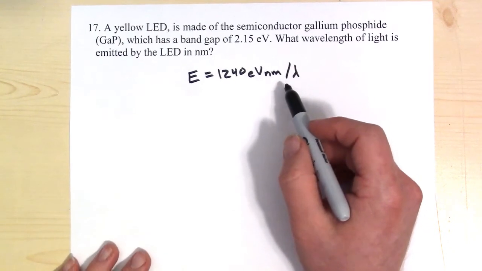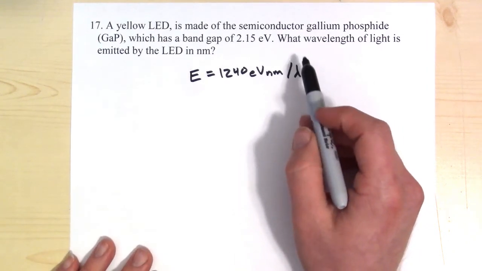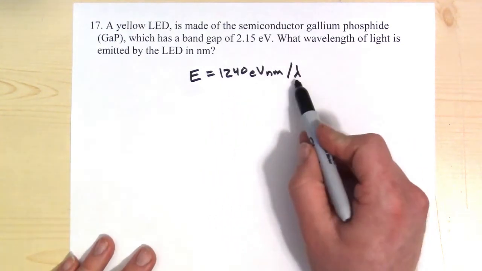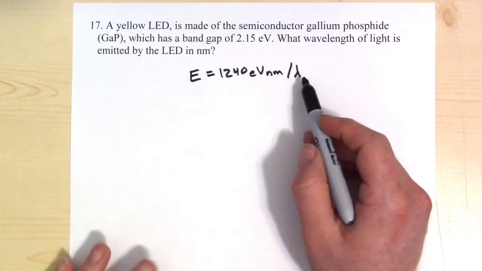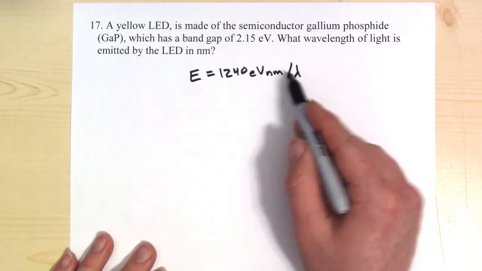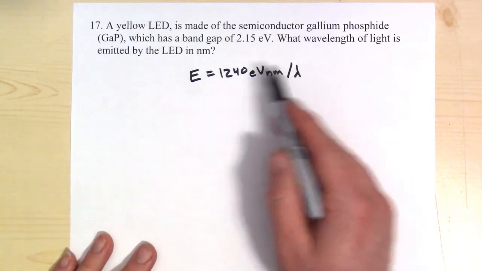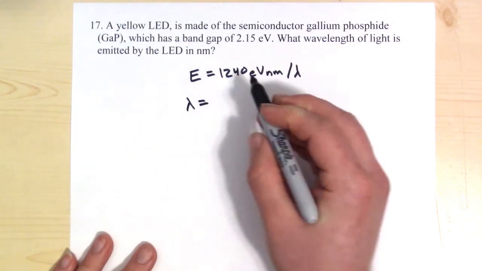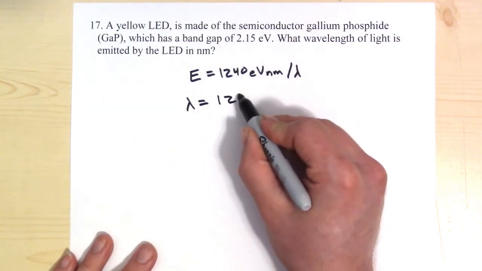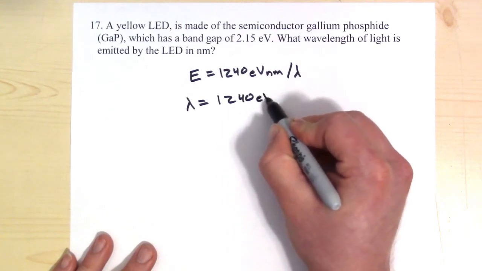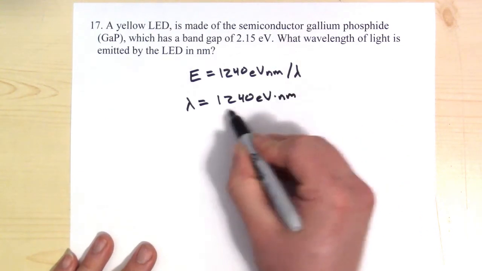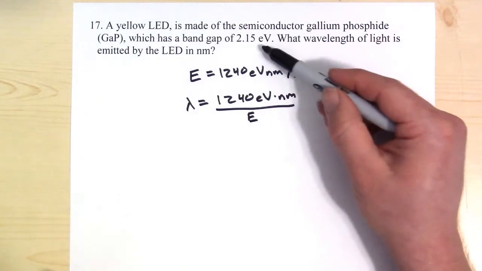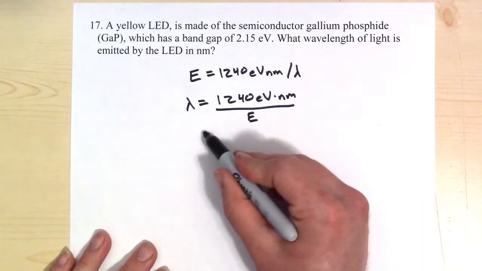So here we know the band gap in electron volts. We want to solve for the wavelength of light. So we'll multiply E times lambda and divide this by E. So that will effectively reverse the two. So the band gap is E here in electron volts.